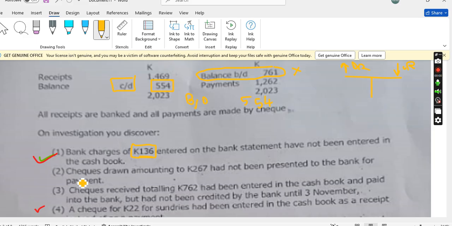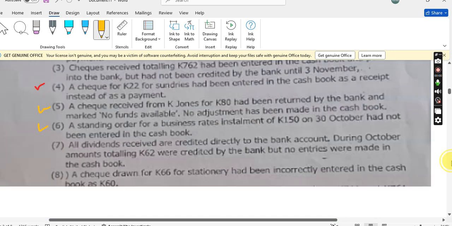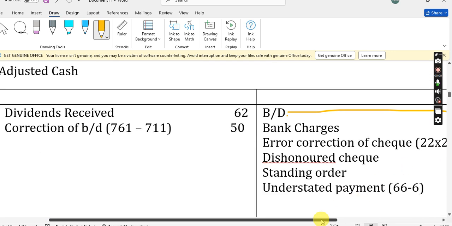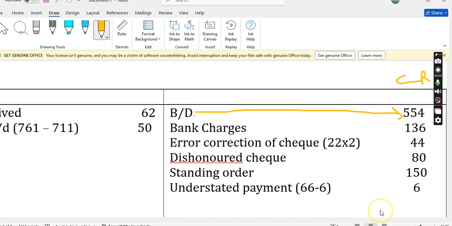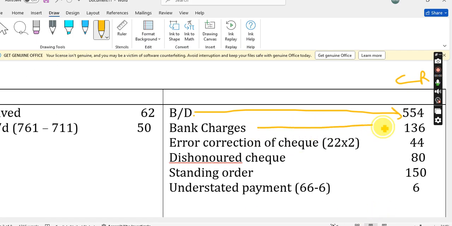Do we still record it on the cash book? Yes, you have to record it in the cash book. So we put it on the credit side here. Bank charges 136. The bank is already aware of it, as we never recorded it. So we credit.